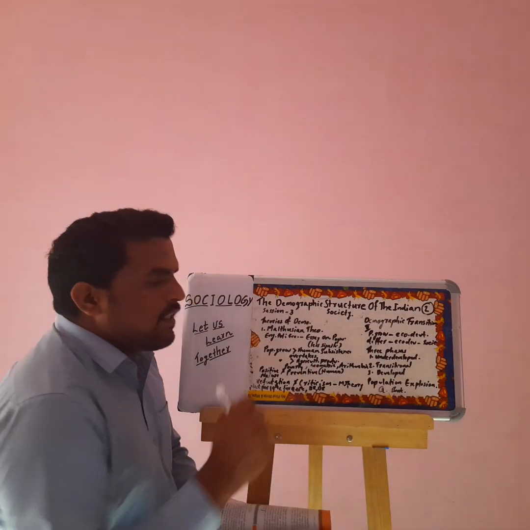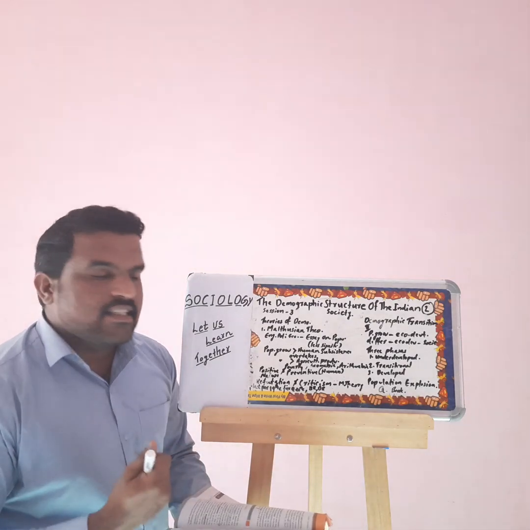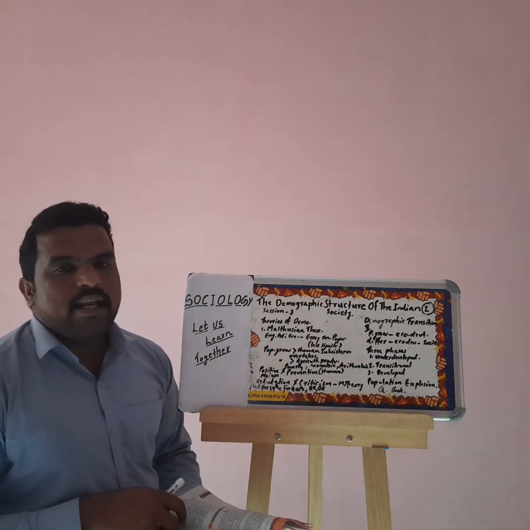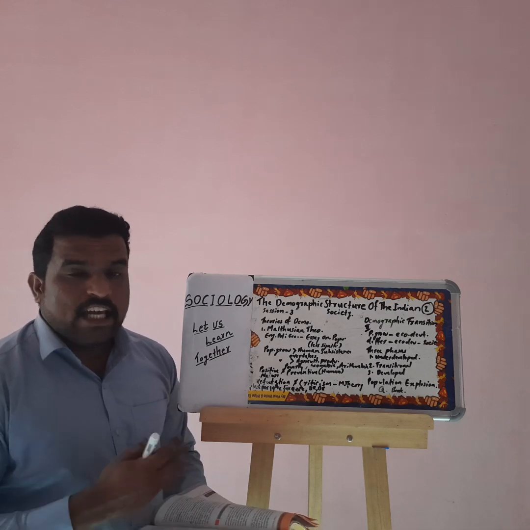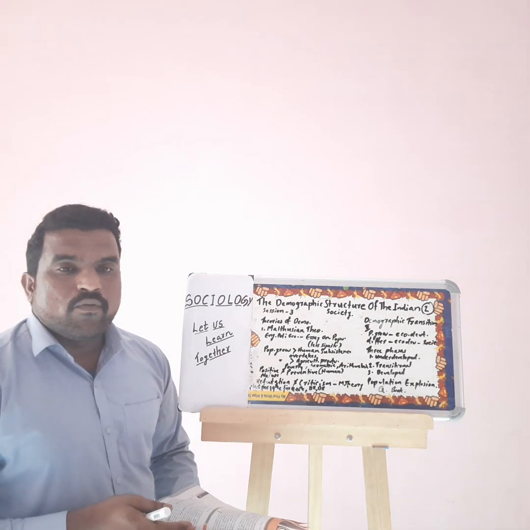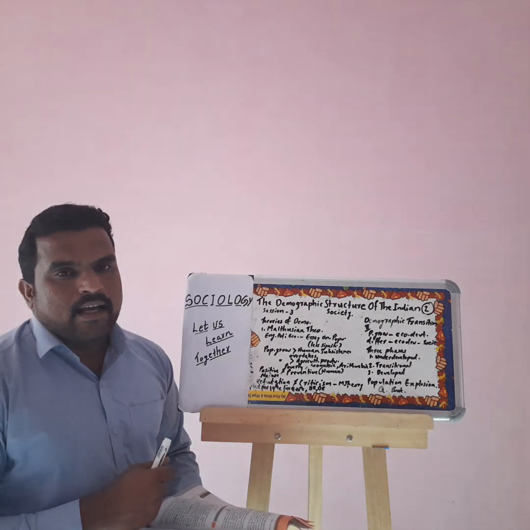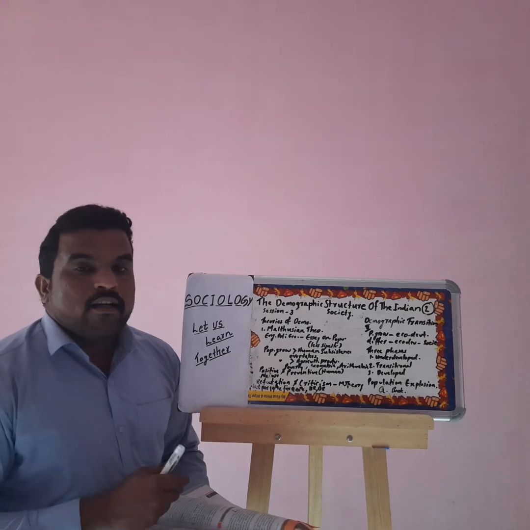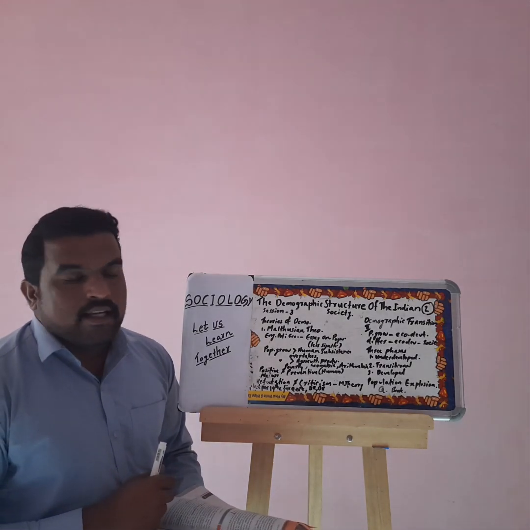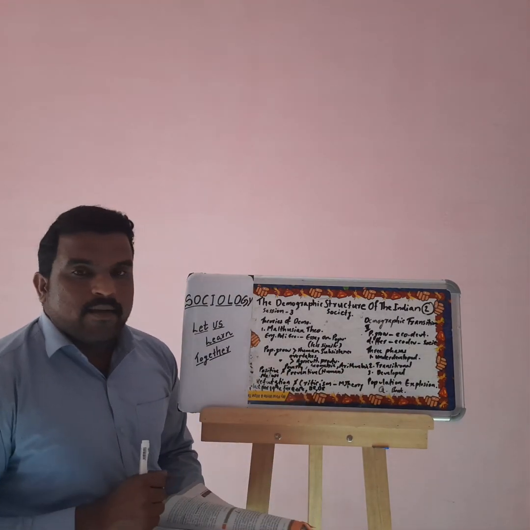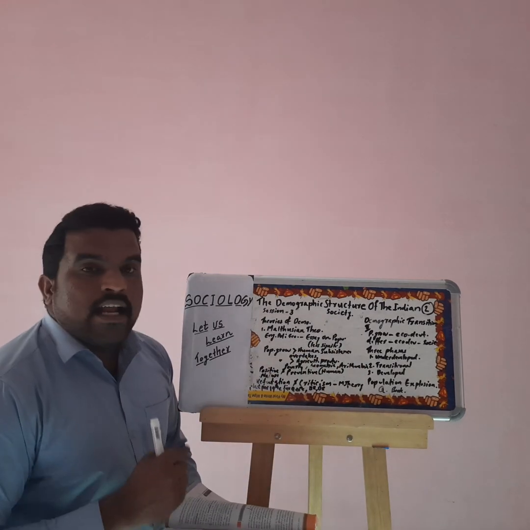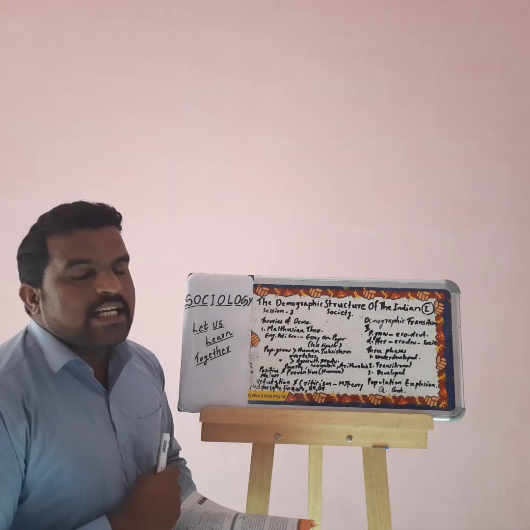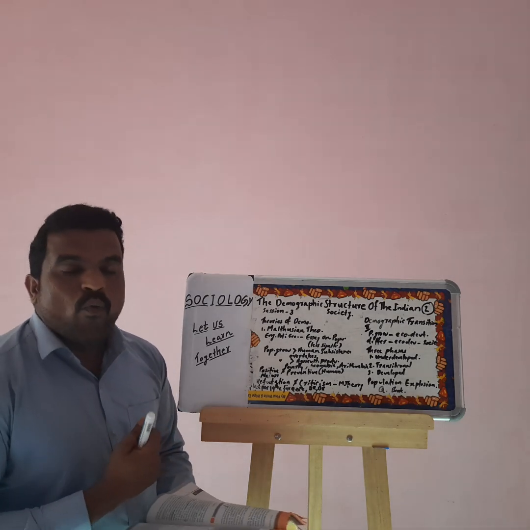The first phase or stage says that there is an underdeveloped society. We know that in the past there were underdeveloped and technologically backward societies. Their improvements were not there. In the first phase, in such an underdeveloped society, both birth rate and death rate were very high.